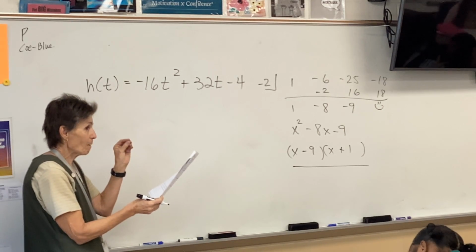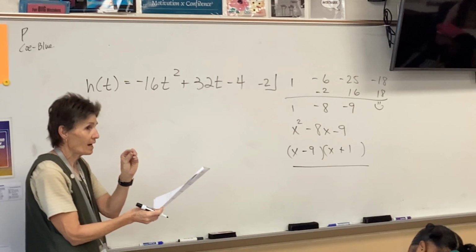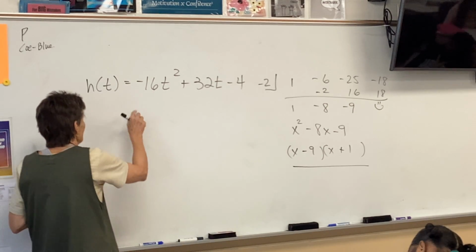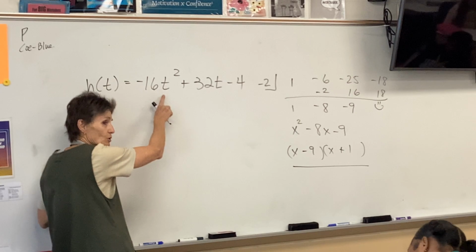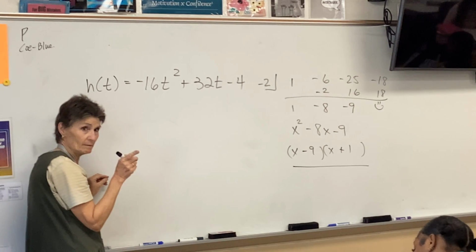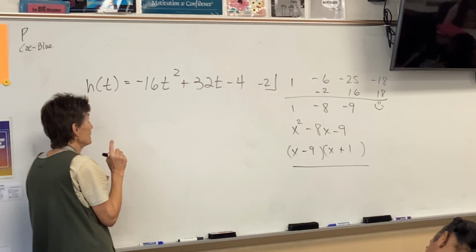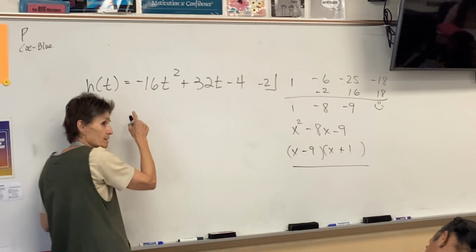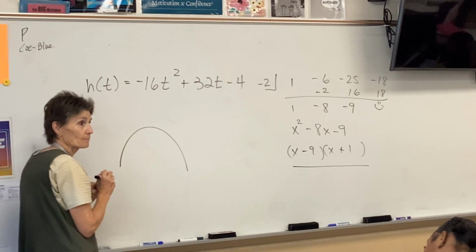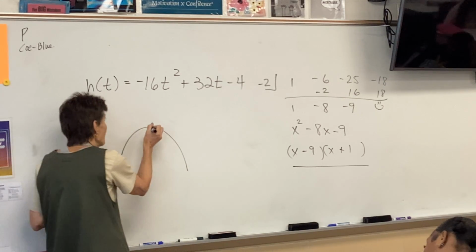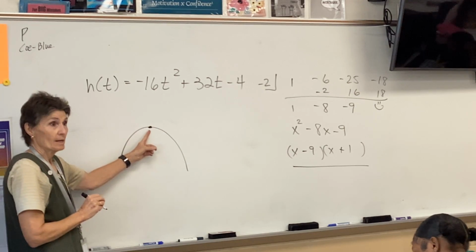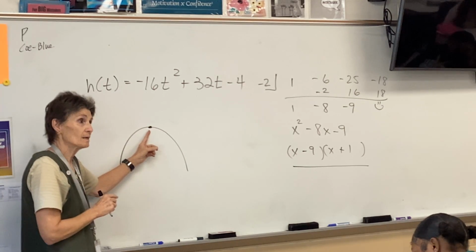I want to reach my maximum height. Okay, now guys, this is an x squared equation, right? That means it's a parabola, and it has a negative out in front, so it's a parabola that looks like this. And the maximum height would be right there, and that is called the what?